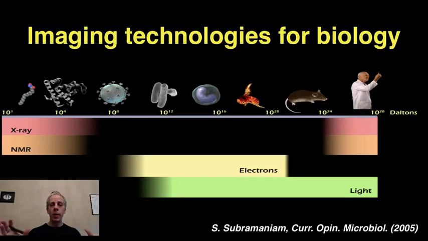There are many ways to acquire images. And before we do that, we have to understand one of the basic things is the size of the structure that we're trying to acquire. And here we see a scale of very different structures.